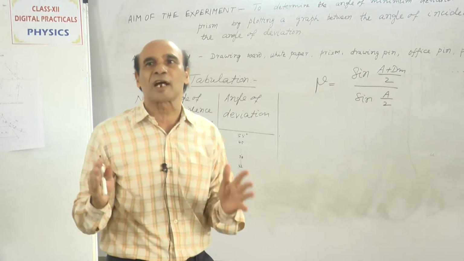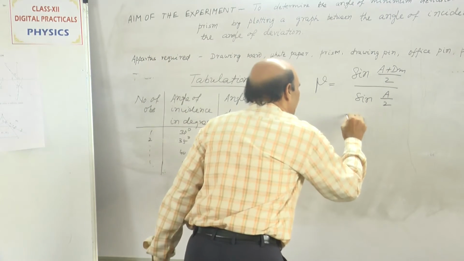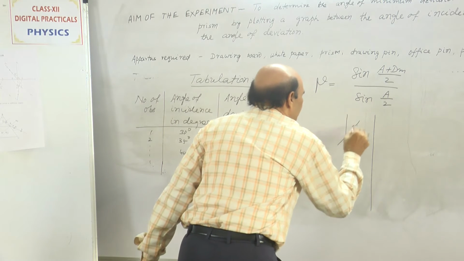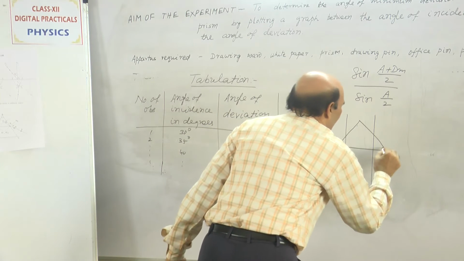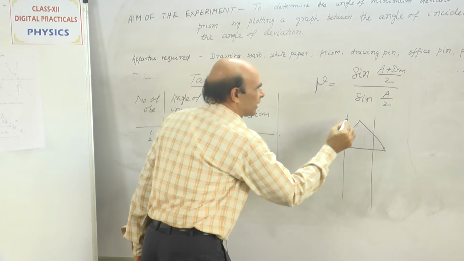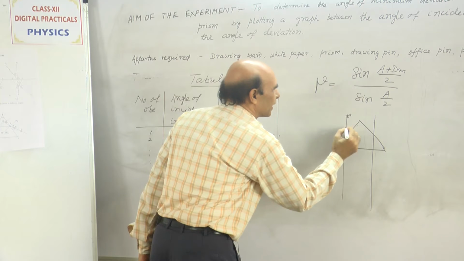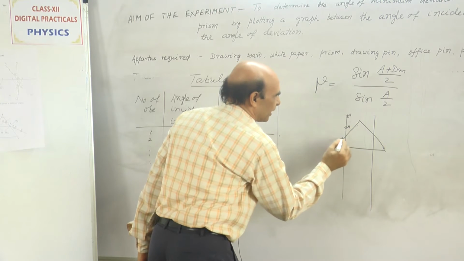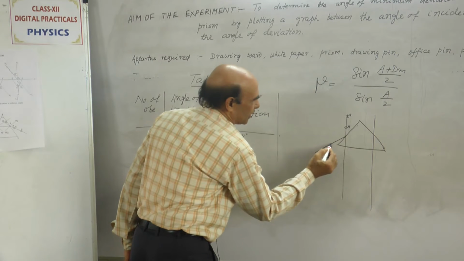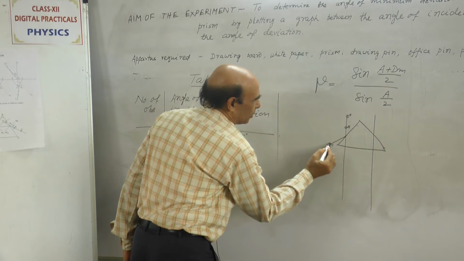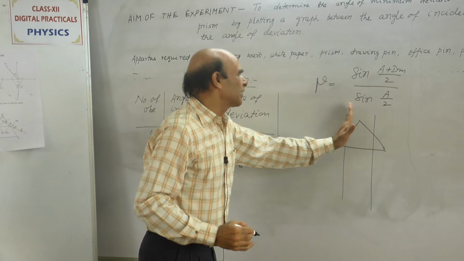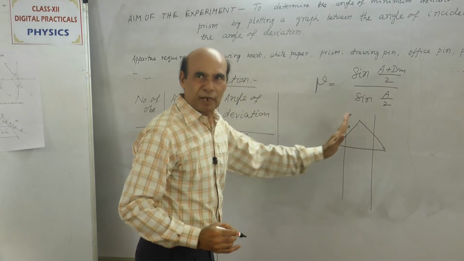If it is not given, and you are asked to find the angle of the prism, then you will draw two lines, place the prism, and on this line with a distance of around 1 cm, put two pins, say A and B, then put a third pin here, C and D, so that the images of pins A, B and C will be in one straight line.